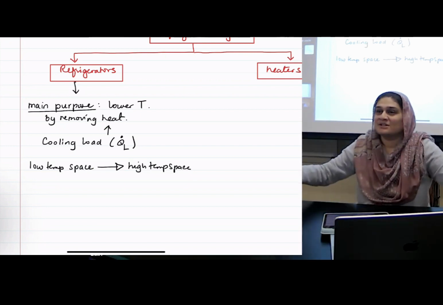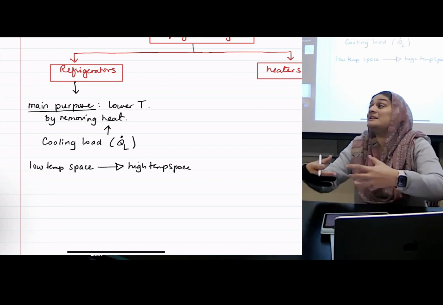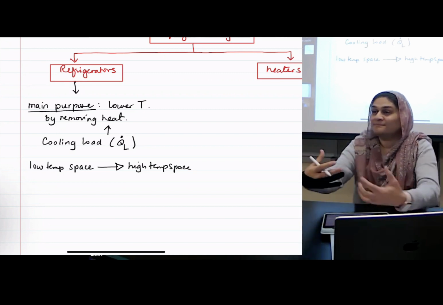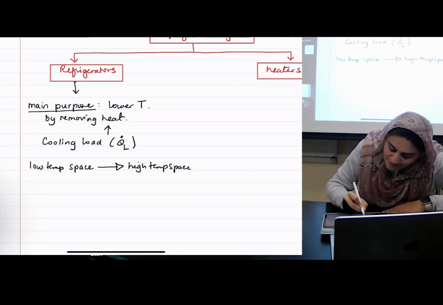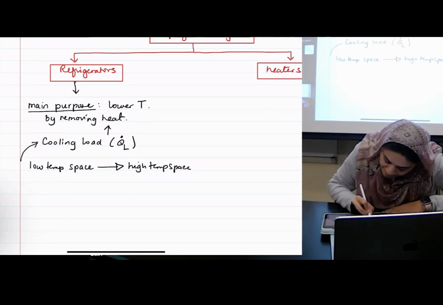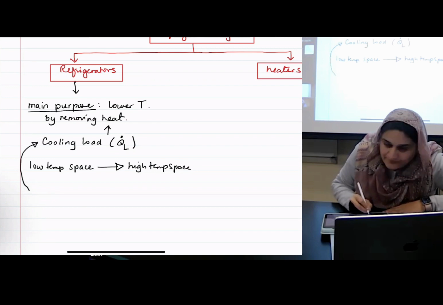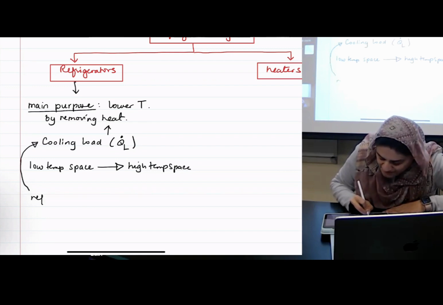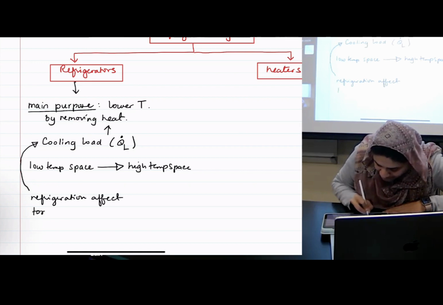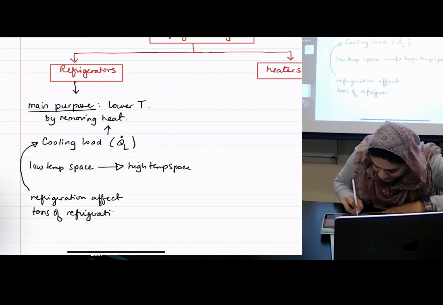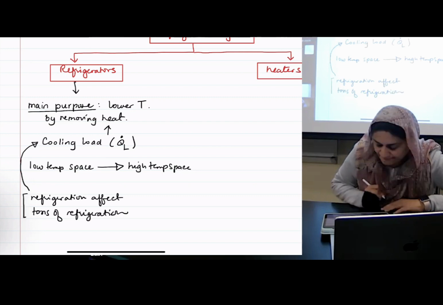That's just the amount of heat it's capable of removing from the environment. So the heating and cooling people will call this cooling load, the refrigeration effect, or tons of refrigeration. Just so you know.